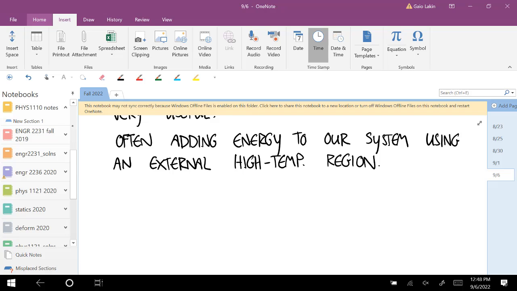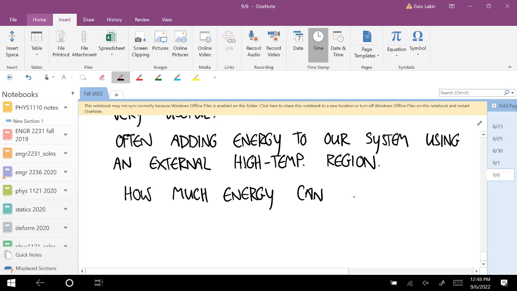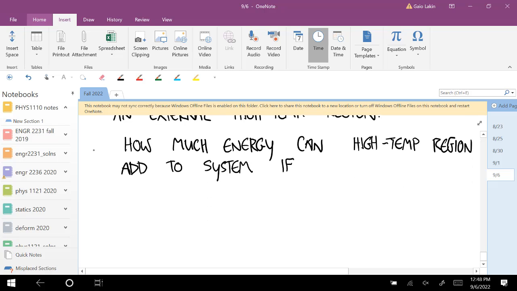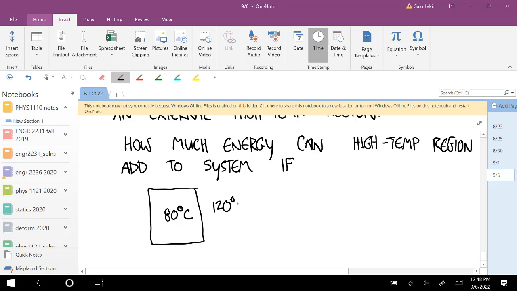So the question is, how much energy can a high temperature region add to a system if, let's say, your system has a temperature of 80 degrees Celsius, and that outside source has a temperature of 120 degrees Celsius.